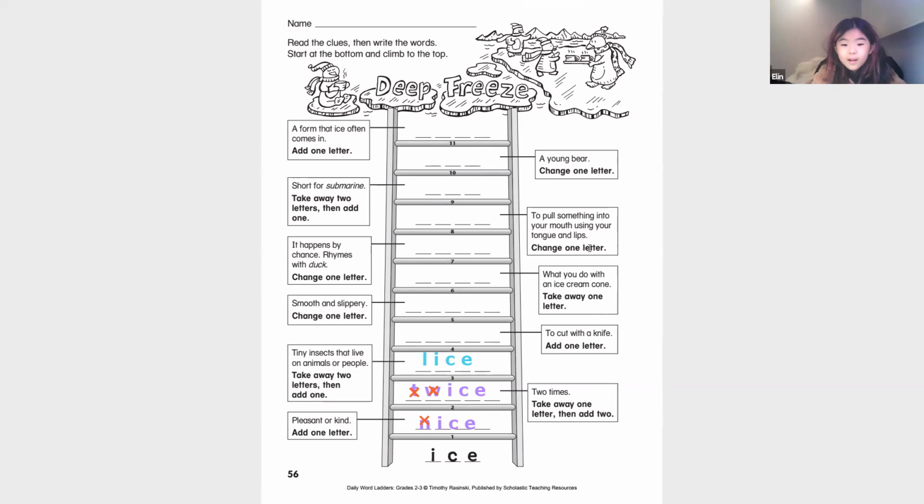Yes. All right. Smooth and slippery. Ooh. Change one letter.